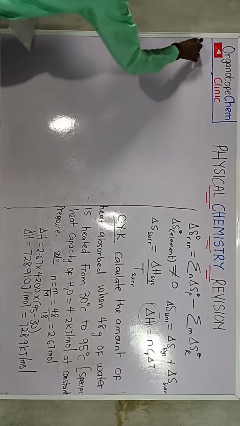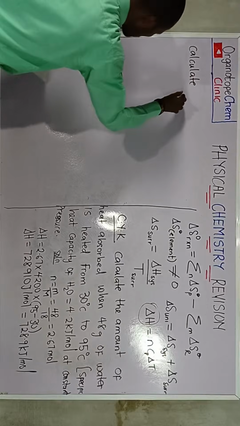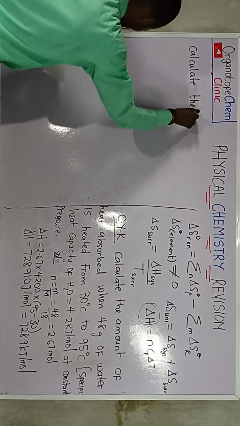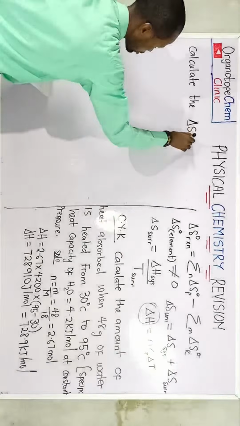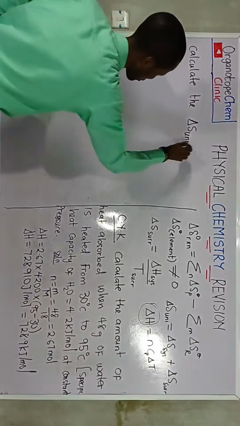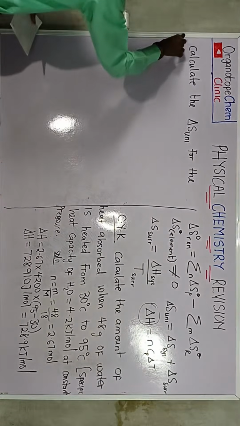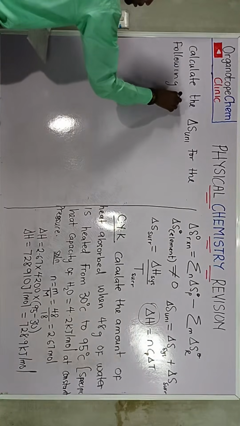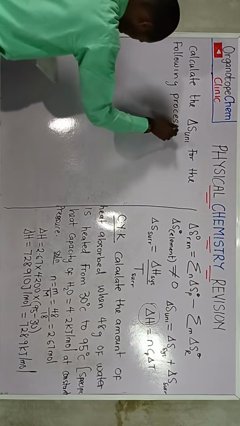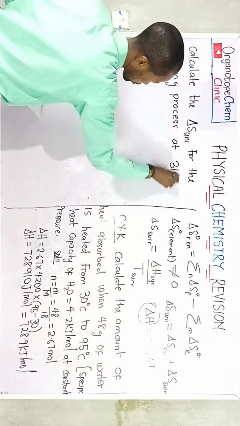So we have to calculate the change in entropy of the universe for the following process at 310 Kelvin.